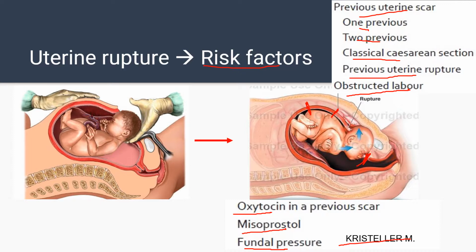So I understand that there are some situations that you need to do it, but please avoid this practice when you have a previous uterine scar, and also avoid doing it very strong, because when you do it very strong, you can lead to a uterine rupture.